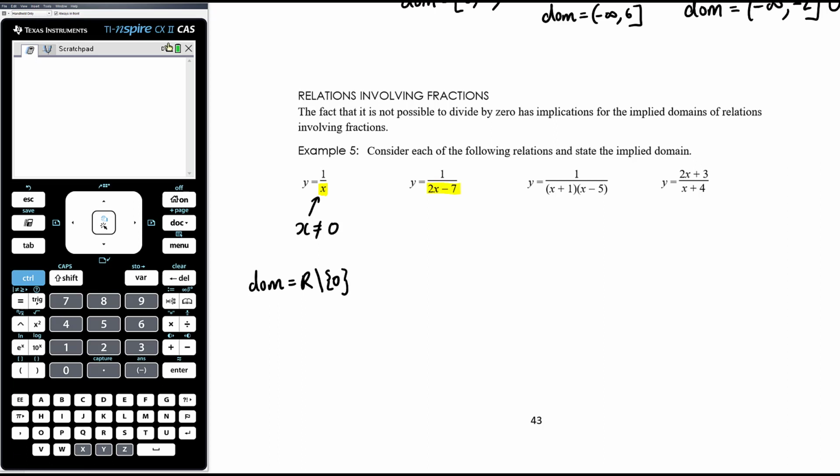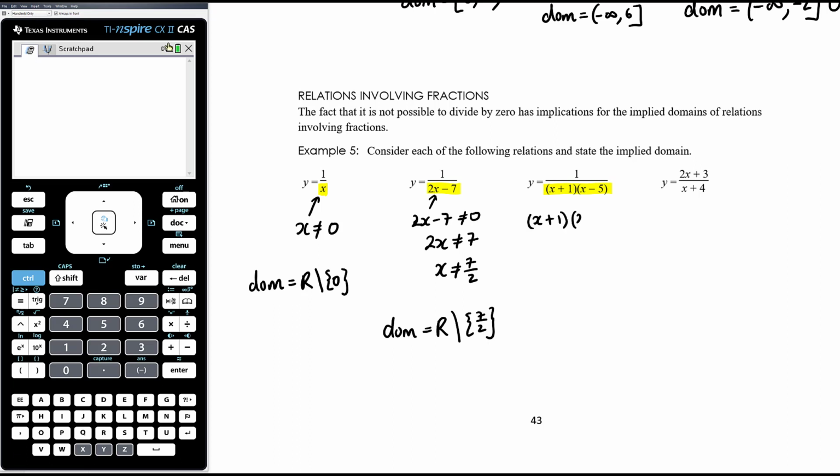Similarly here, the denominator can't be 0, so 2x minus 7 cannot equal 0, which means 2x cannot equal 7, and x cannot equal 7 on 2. So therefore the domain is going to be any real number except for 7 over 2. In the third example here, we know that the denominator can't be 0.